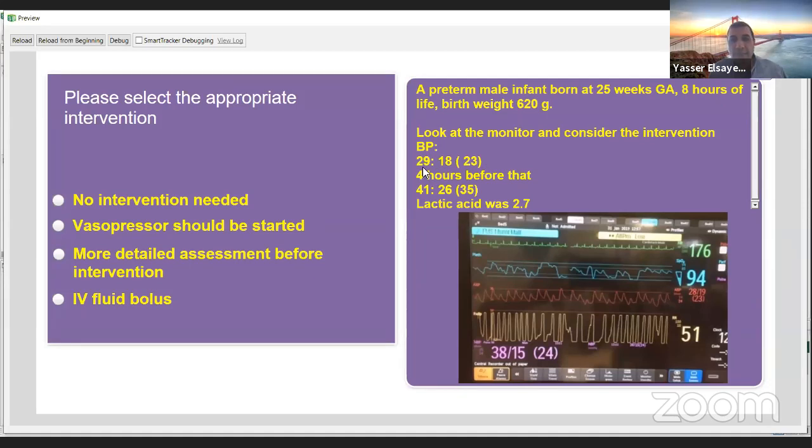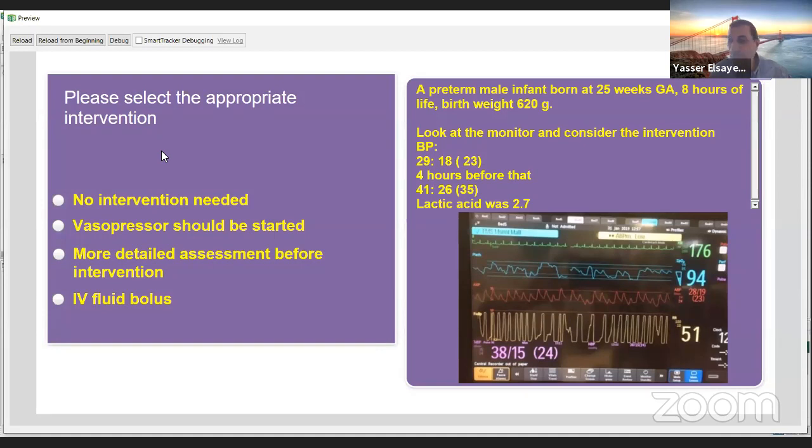And 4 hours before that, the blood pressure was 41/26, mean 35. Lactic acid was 2.7. Again, look at the monitor, and you may realize something different. And please select the appropriate intervention.